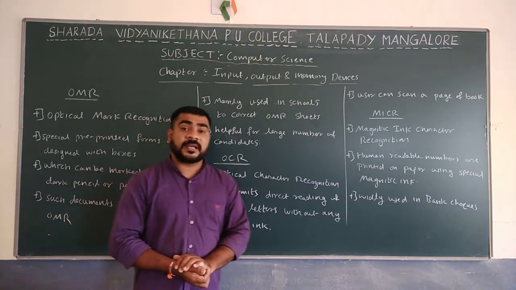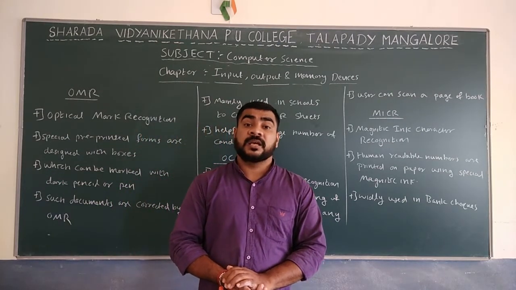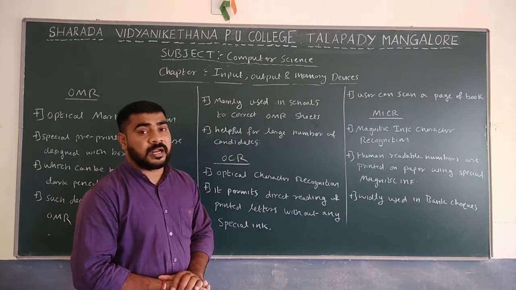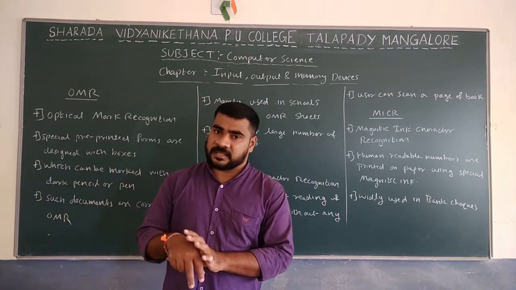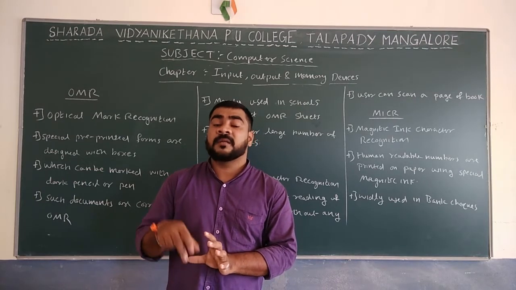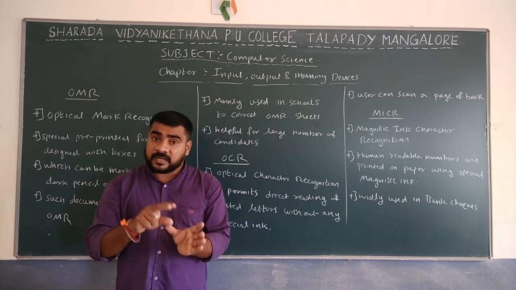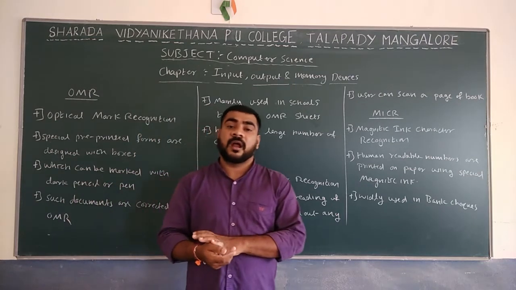OCR means optical character reader. It is used to read characters. For example, if printed data is there on paper, we can read it and convert it to soft copy. Remember, you have to know what soft copy and hard copy are.